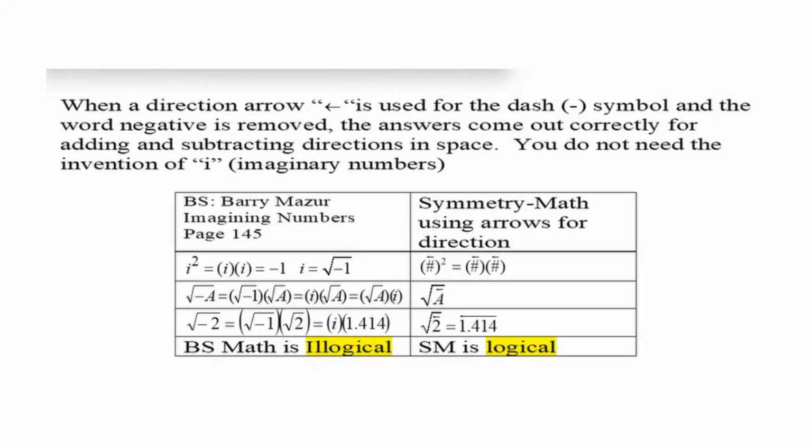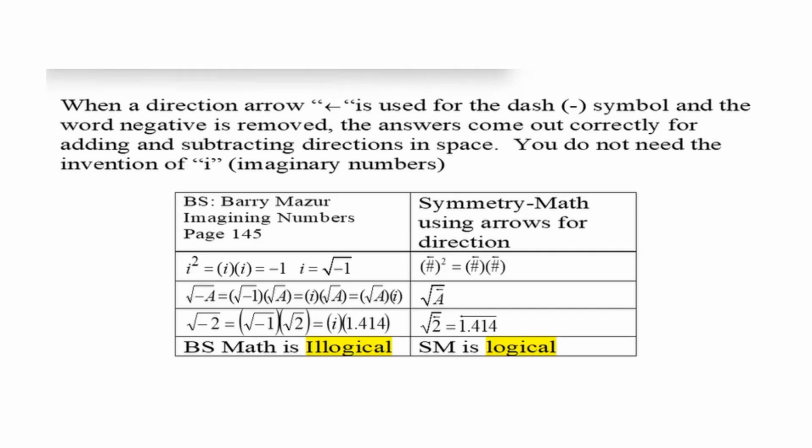When a direction arrow is used for the dash symbol and the word negative is removed, the answers come out correctly for adding and subtracting directions in space. You do not need the invention of imaginary numbers. The left side of this shows Barry Mazur's imaginary numbering book, in which i squared, or i is the square root of -1.